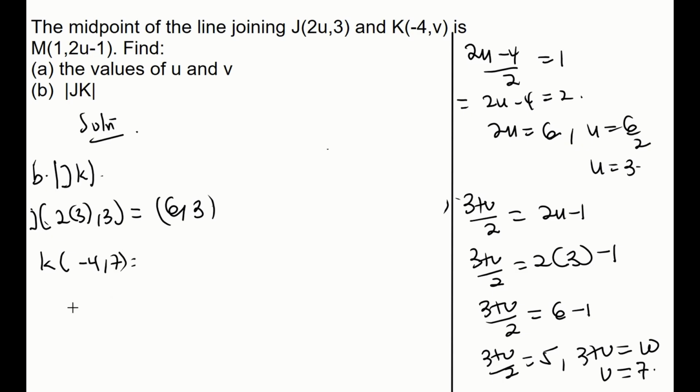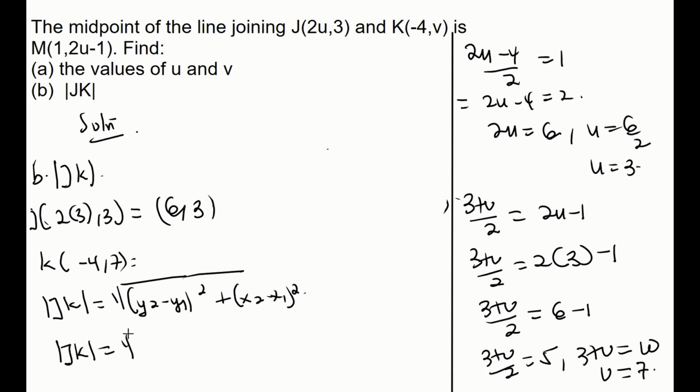The magnitude of JK is going to give us the square root of y2 minus y1 all squared plus x2 minus x1 all squared. That gives us the square root of 7 minus 3 all squared plus minus 4 minus 6 all squared.